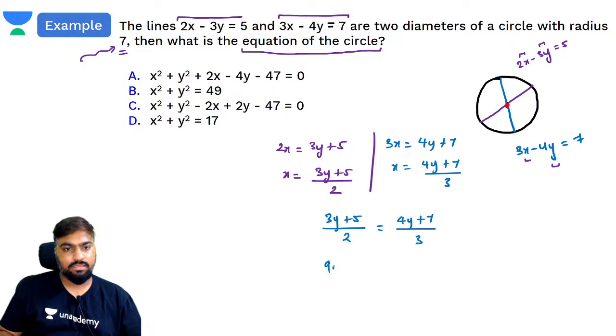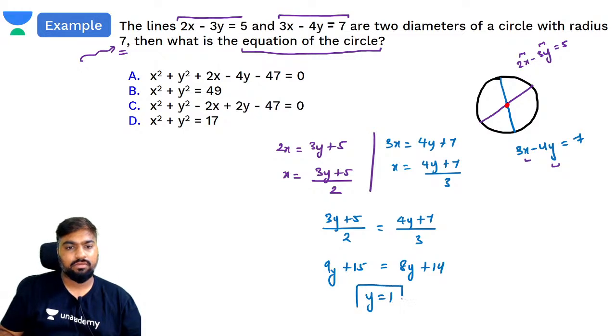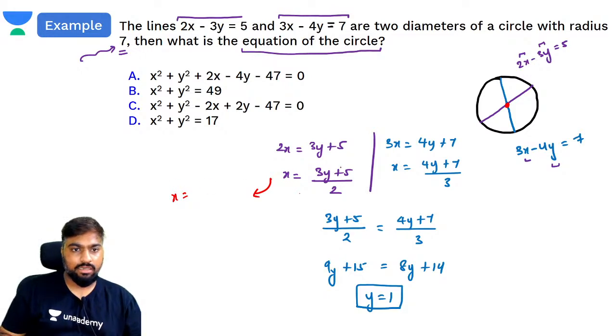This gives us 9y plus 15 is equal to 8y plus 14. So what do you get? y equal to 1. Plug in y equal to 1, you will get the value of x. If I plug in y equal to 1, what is x? x will be equal to 8/2, 4.